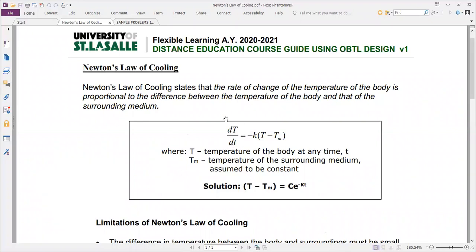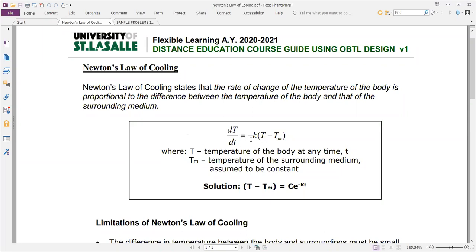The rate of change of the temperature of the body that is cooling down is equal to the product of the cooling rate constant K, and the difference of the body's temperature with the surrounding medium.